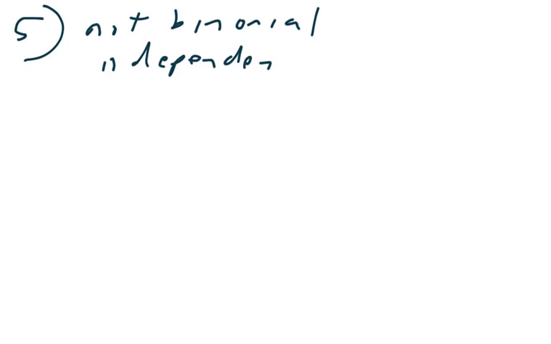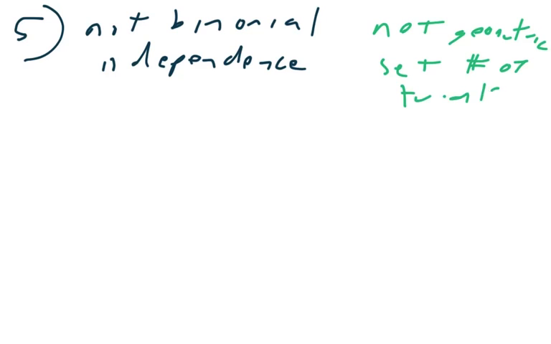And problem number 5. You select 20 cards from a standard deck of 52 cards. Let Y be the number of diamonds. What best describes this setting? Well, right now it's not binomial, and it's because of the independence. And it's also not geometric, because we have a set number of trials and there's no independence.